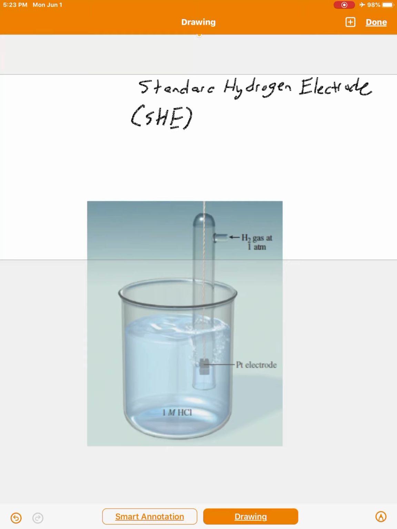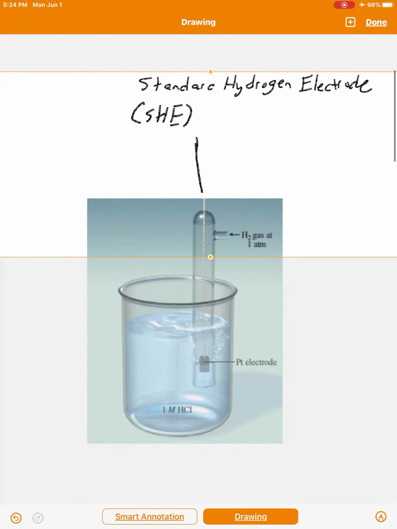Okay. It also has hydrogen gas flowing through at a pressure of 1 atmosphere, 1 atm. Okay. It has a platinum wire right here in the center.